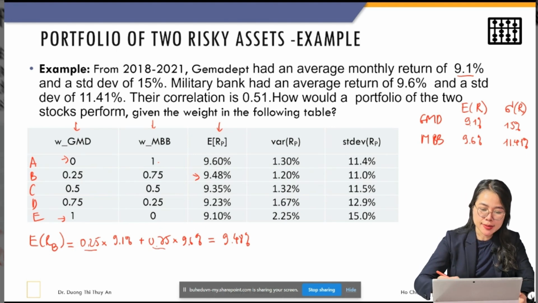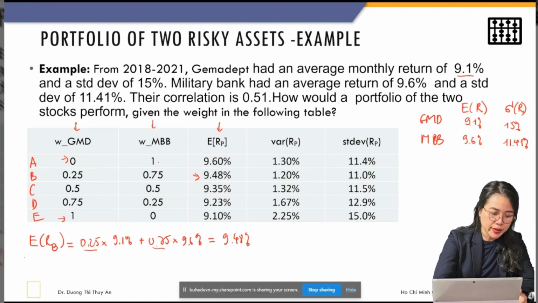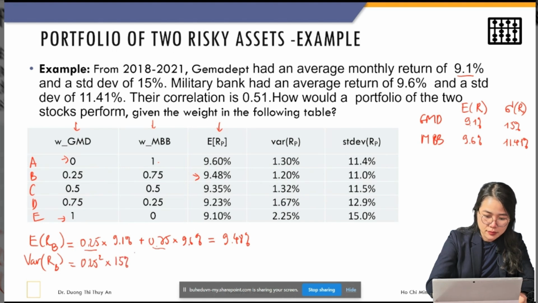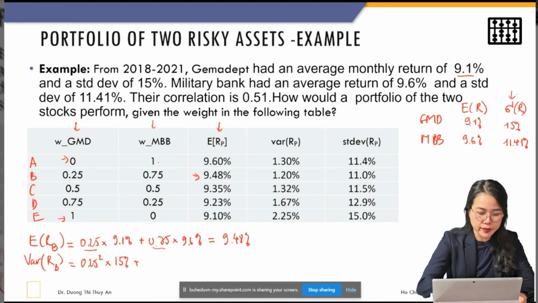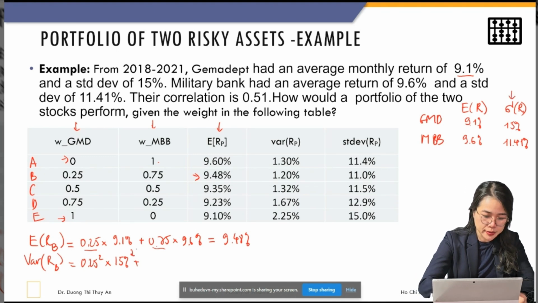Now I calculate the variance, again for portfolio B. Notice that this one is the standard deviation, so I have to square it.